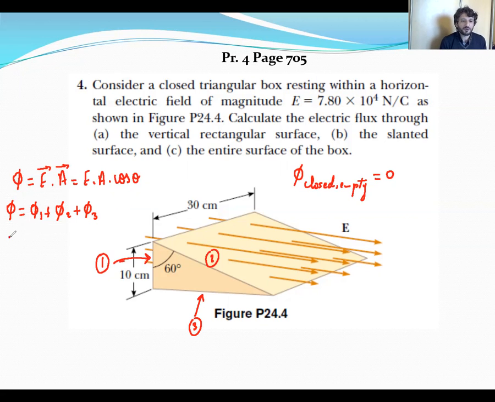Let's take, first of all, side 1. For side 1, A must be pointing out of the object and perpendicular to the surface. So A must be in this direction.